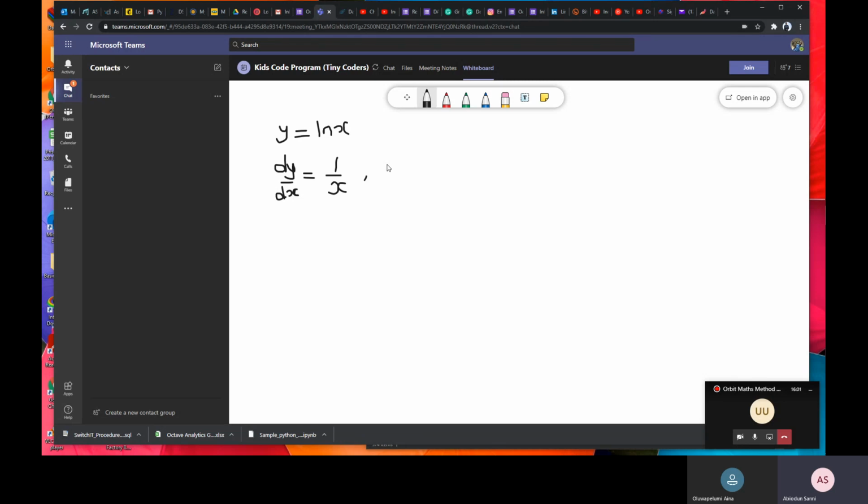So let me put a comma. Now what's the second derivative? If I differentiate this again, what do you think I'm going to get? What will be the second derivative of this? You said minus 1 over x squared.